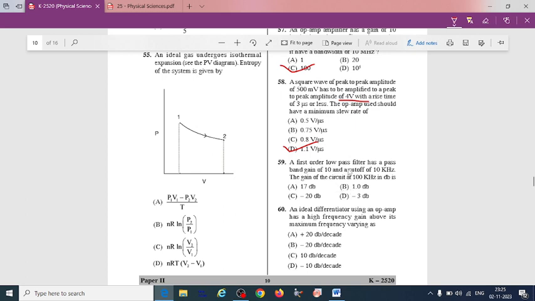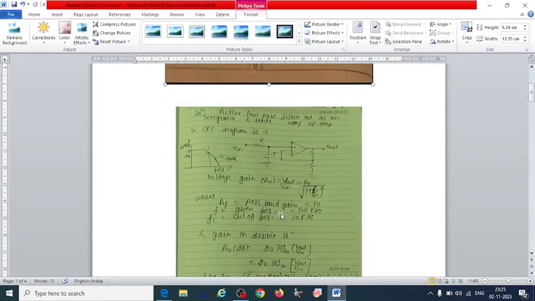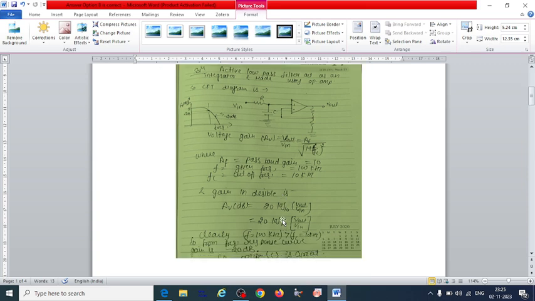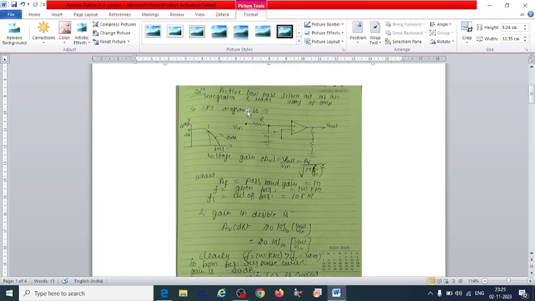A first order low pass filter has a pass band gain of 10 and a cutoff of 10 kilohertz. The gain of the circuit at 100 kilohertz in dB is. So active low pass filter acts as an integrator and is made using an operational amplifier.